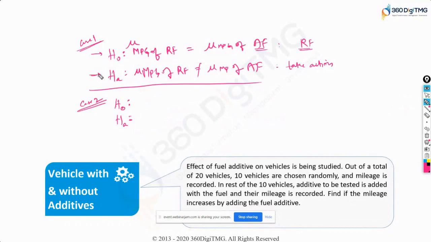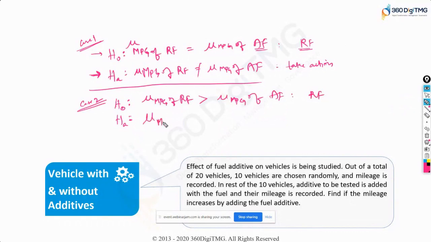If, by chance, I get the alternative hypothesis in case 2, then I would say average mileage of regular fuel. When would I not take action? When the mileage of the regular fuel vehicles is greater than the mileage of the vehicles with additive fuel. So here again I go with regular fuel.